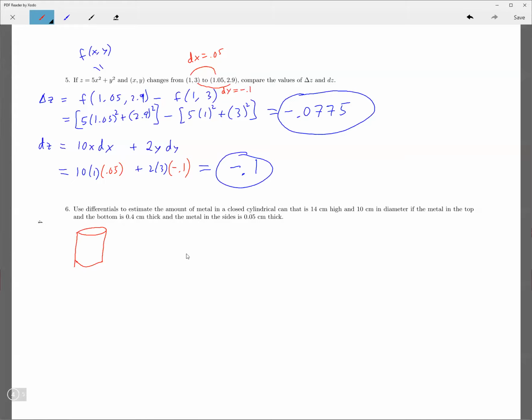And what you want to do is think about it this way. Inside the can, there's a cylinder, and from the outside of the can, it's a larger cylinder.